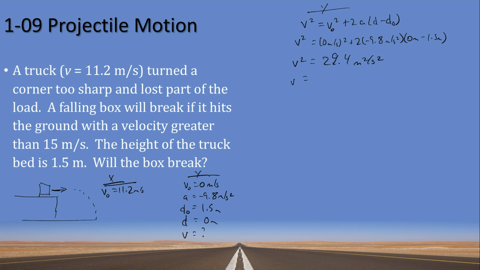And so in the y, the final velocity will be negative 5.42. In the x, remember our acceleration is 0, so our final velocity would stay the same as the initial velocity.